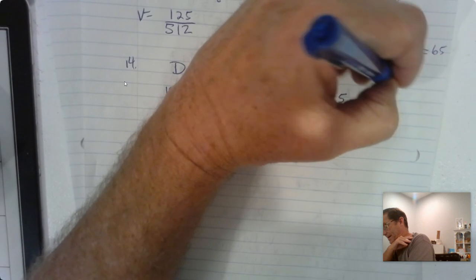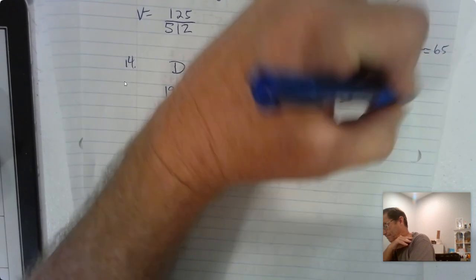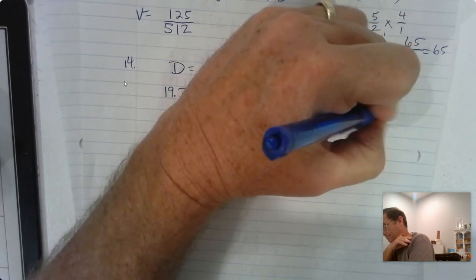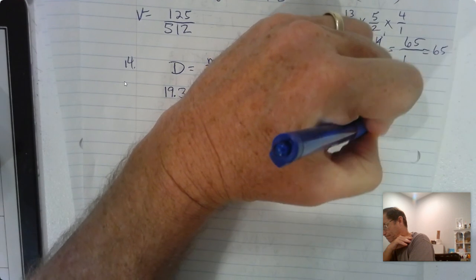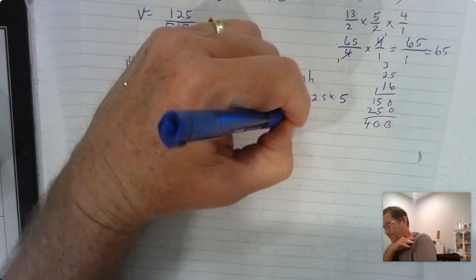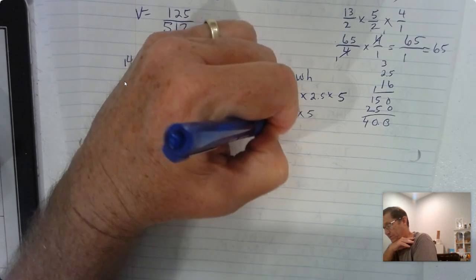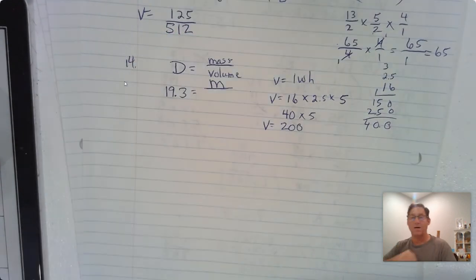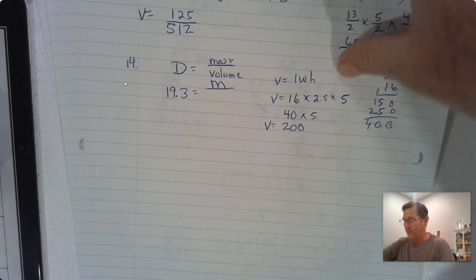All right. So 16 times 2.5 would be 40 times 5. So the volume is 200 cubic centimeters.